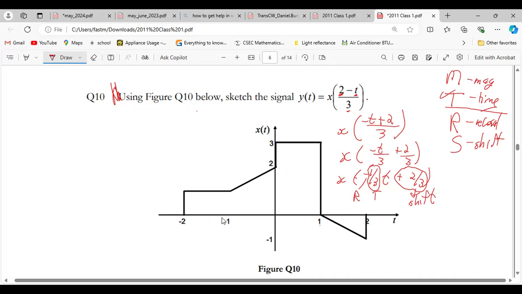In this case it's positive, so if it's positive, you're shifting it to the left. You shift it 2/3 in this direction. After you time scale it and reverse it, then you shift it. The shift is always the last thing that you would do. That's how it breaks down.